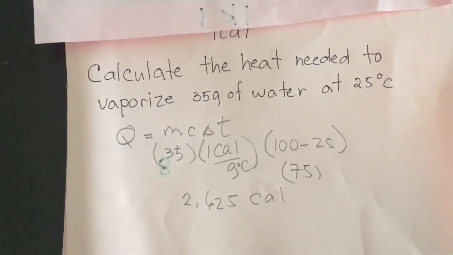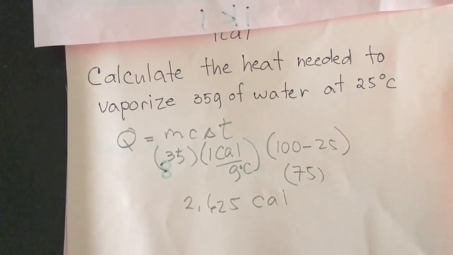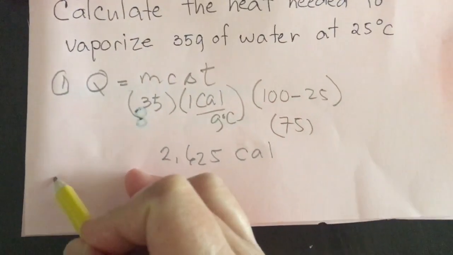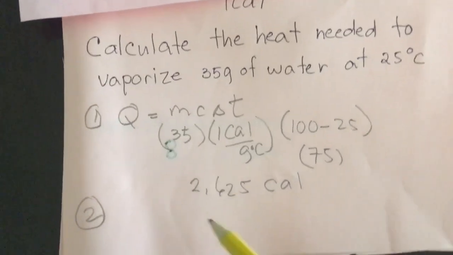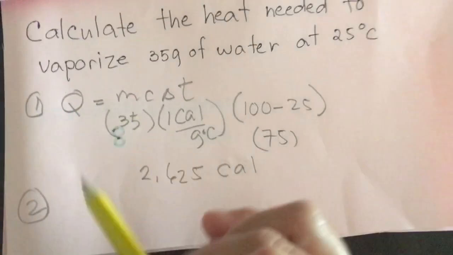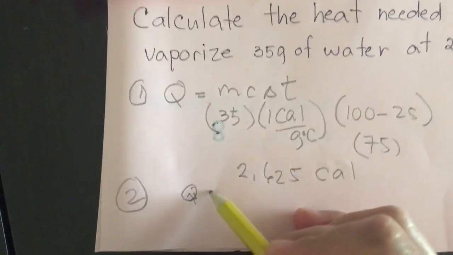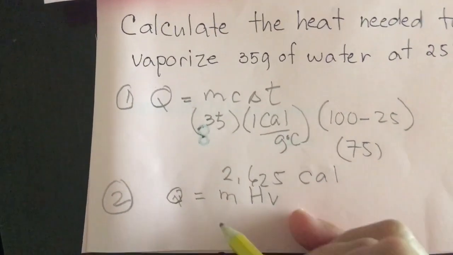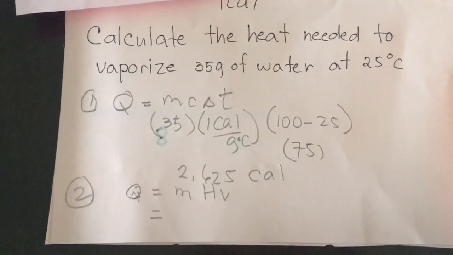So here we were able to calculate just the heat to bring up our water from 25 degrees Celsius to 100. This is our first step. The second step, now that we were able to bring our temperature to 100, is to calculate vaporizing it using our Q equals mHV, which we already have in our previous problem.